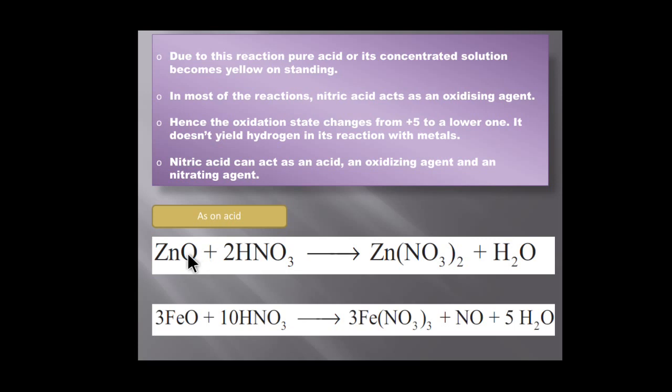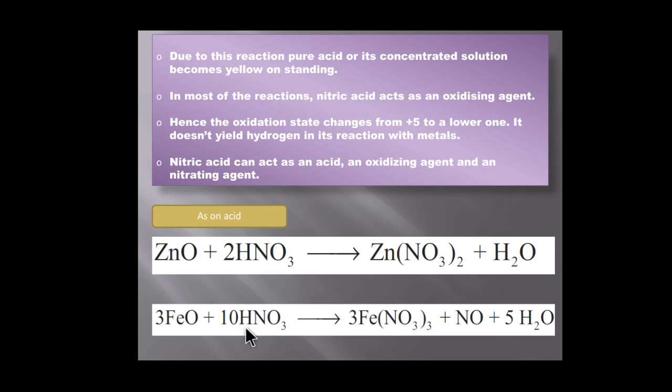One example is zinc oxide, which gives the product zinc nitrate, and nitric acid reacts with iron oxide to give iron nitrate, nitric oxide and excess water. Is it clear?